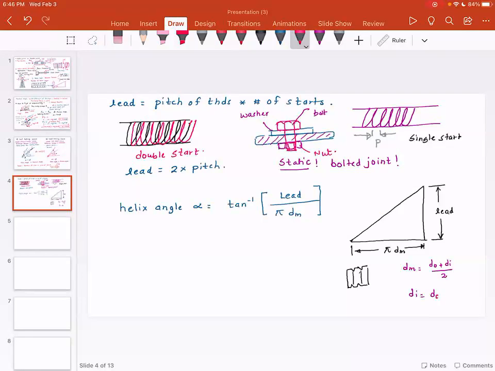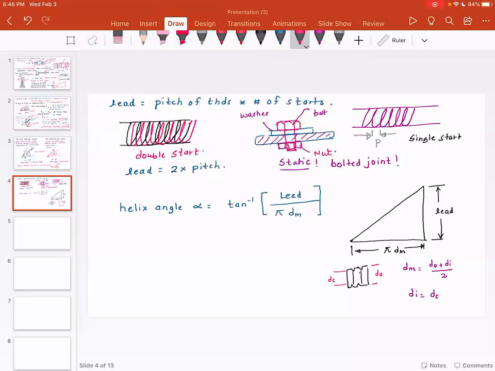Okay, so helix angle and friction angle are important parameters and they dictate the design of the power screw. You're going to have an outside diameter, which is do. You're going to have a core diameter, dc.